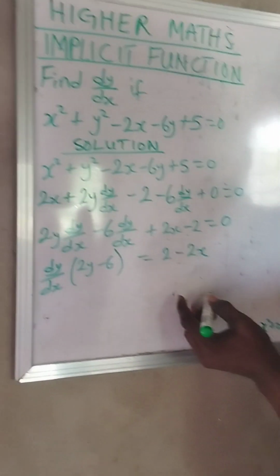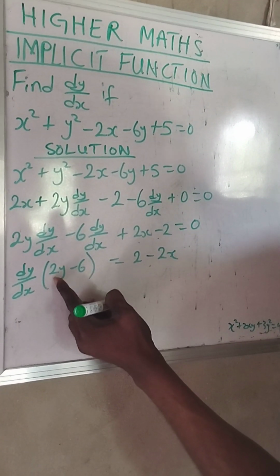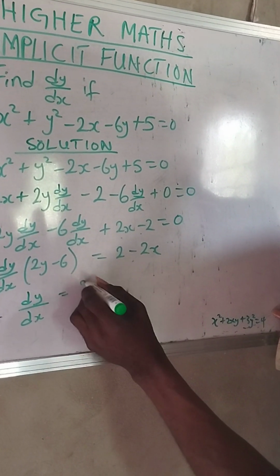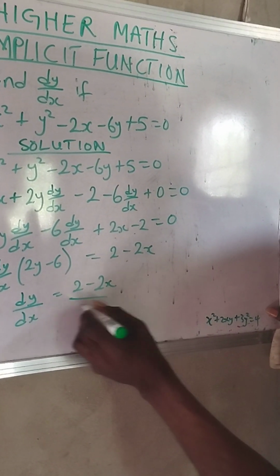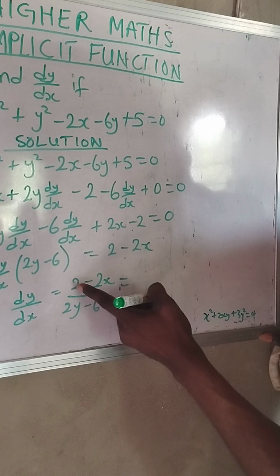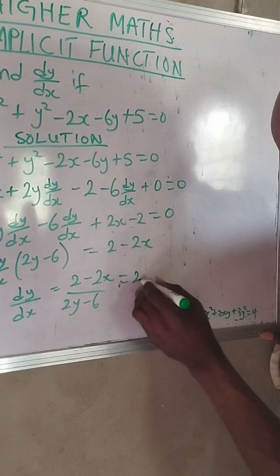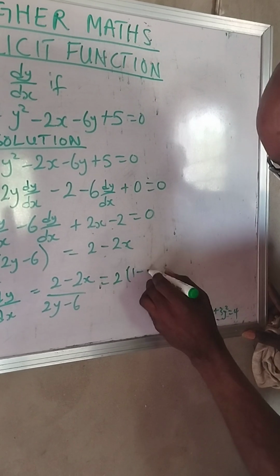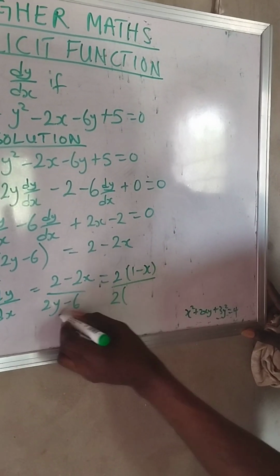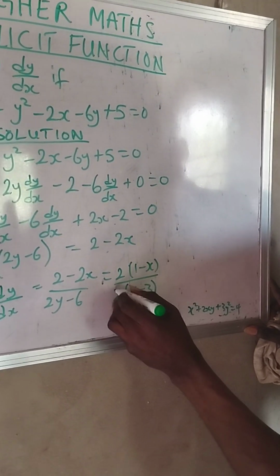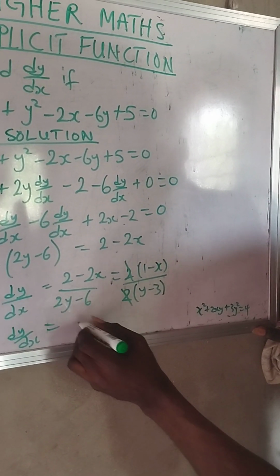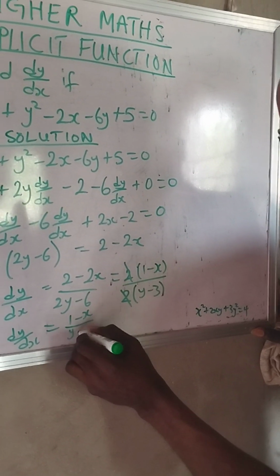So divide both sides by 2y minus 6 to get dy dx. So dy over dx becomes 2 minus 2x over 2y minus 6. If you factorize 2 out from the numerator, we have 2 bracket 1 minus x, over, bringing out 2 here, you're left with y minus 3. So 2 cancels 2. Your final answer, dy over dx, becomes 1 minus x over y minus 3.